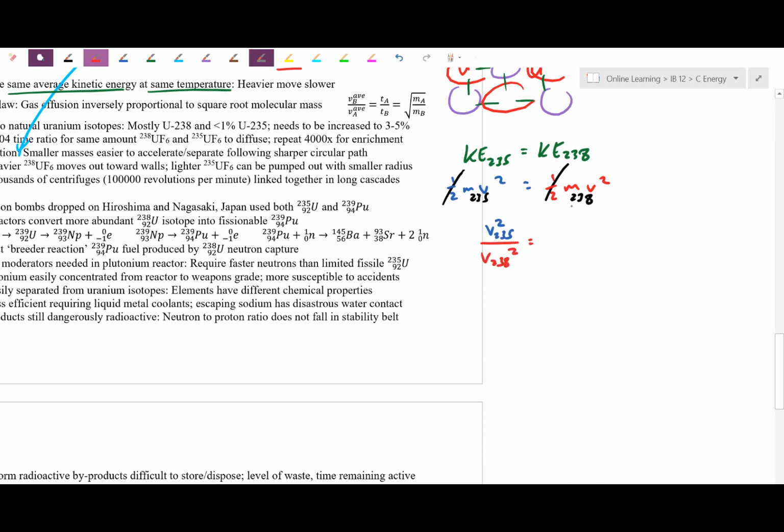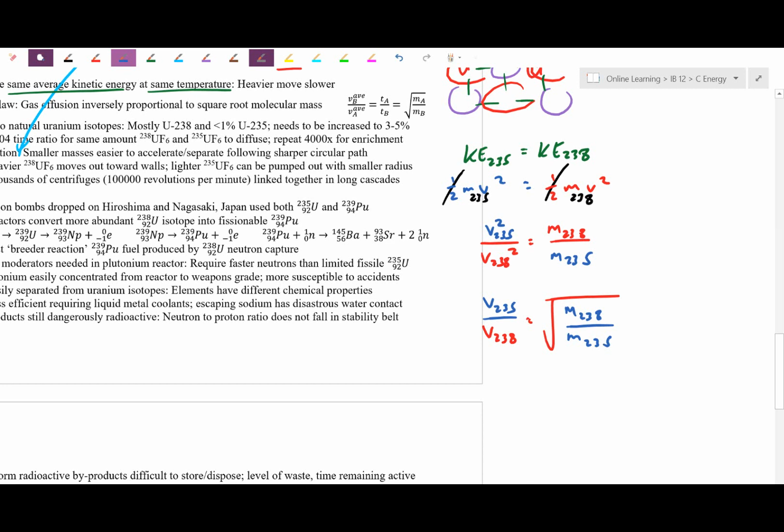I'm going to bring the mass term to the other side, so the mass of the 238 divided by the mass of the 235. And then like we saw on the PowerPoint, if I want to find the velocity of the 235 form over the velocity of the 238 form, it's actually going to be the square root. It's the inverse relationship of the mass of the 238 divided by the mass of the 235.